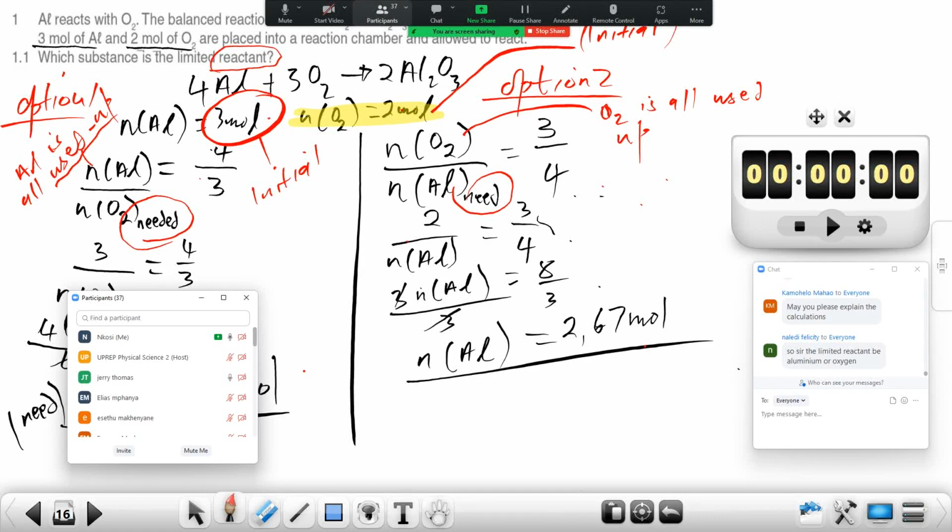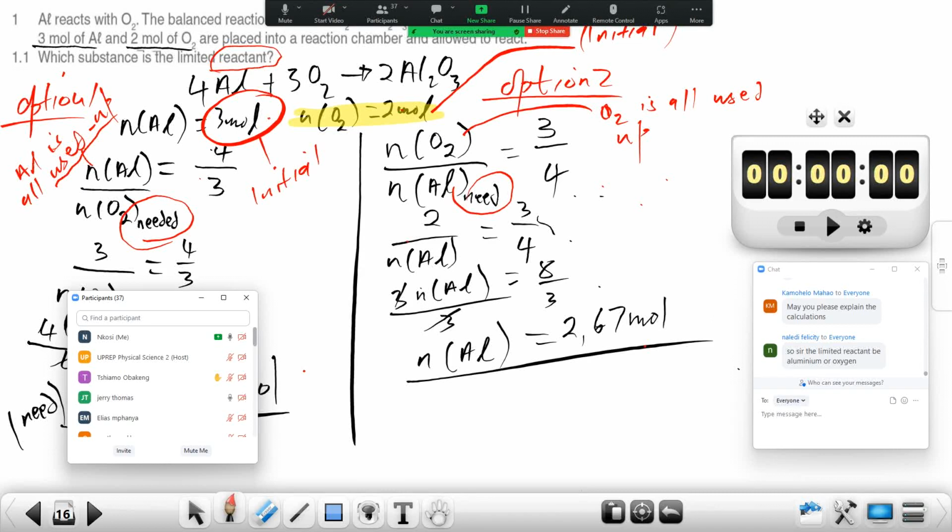Jerry: In other words, I'm trying to say, before these two reactants were mixed in a chamber, there were 3 moles of aluminium and 2 moles of oxygen. Yes, 100%.